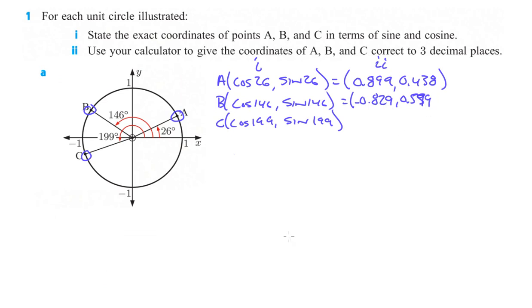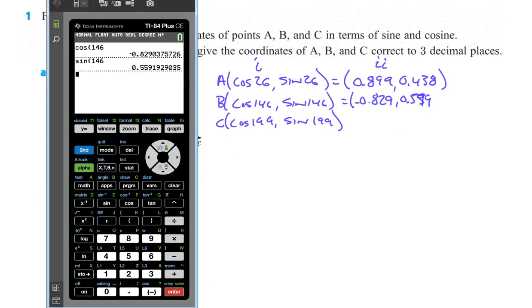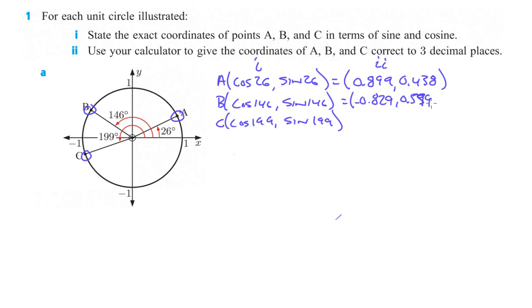Oops, 599, is that right? Or 559? 559. I had it right the first time. Okay, and that should hopefully make sense as to why the cosine is negative, because now the cosine is going to the left to get to B, so that should be negative. And we're still going up, so that's why the sine is still positive.